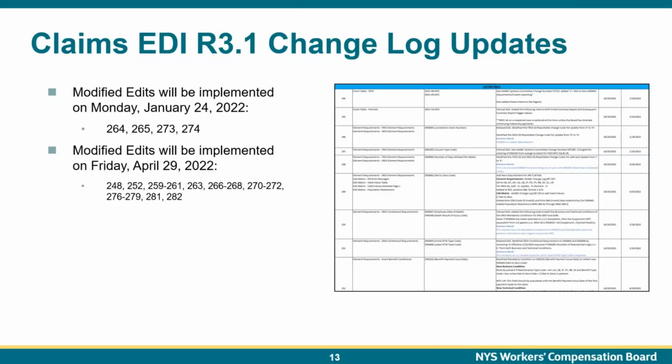Item 267 is a modification on the population restriction for DN0154, employee ID assigned by jurisdiction. Item 268 for DN0192, benefit payment issue date. The date must not be greater than the date the board received the transmission plus 4 days. Now applies to the SROI CA and CB as well.